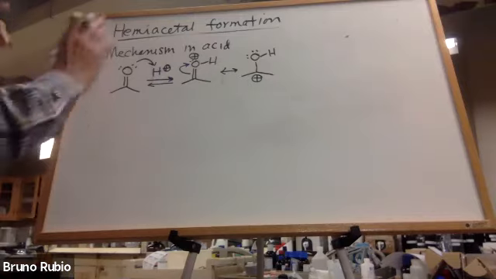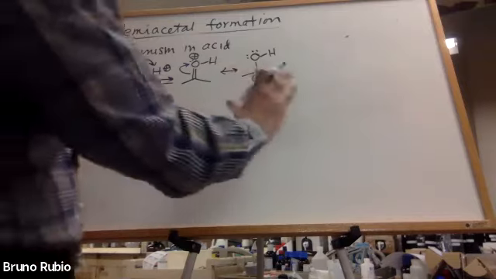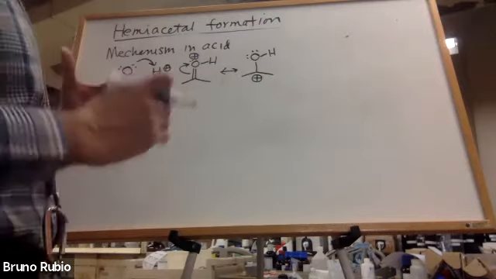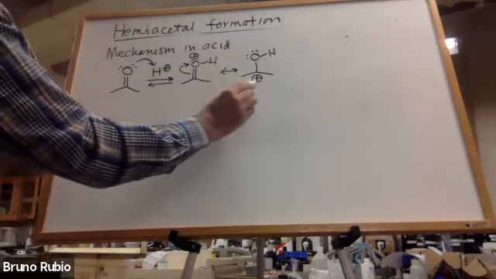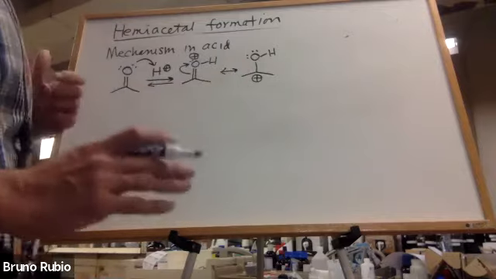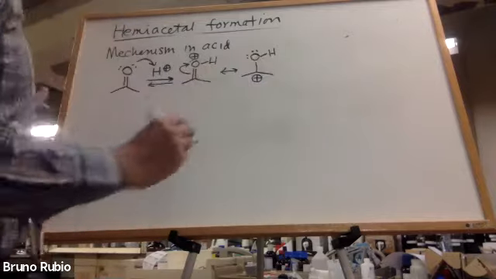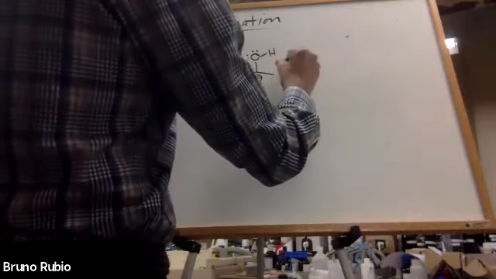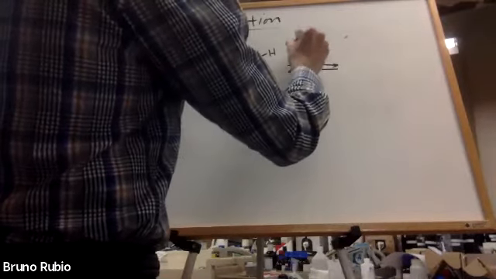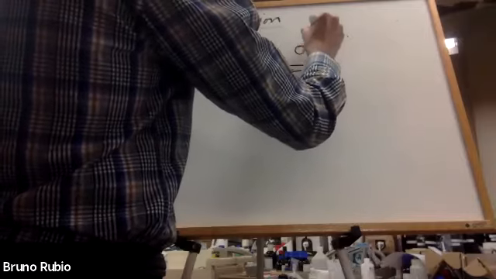Okay, so first step, protonate the carbonyl oxygen. Next step, attack the carbonyl carbon, this positive charge, with the nucleophile. So just to save time, instead of rewriting all of this a second time, I'm going to show the next step this way. Here's the alcohol.